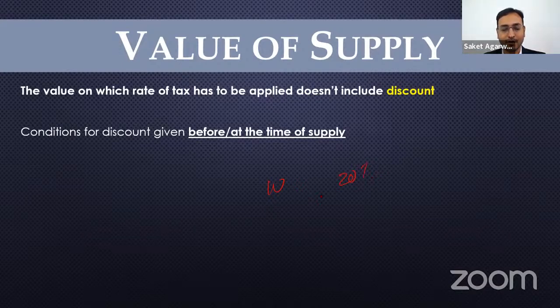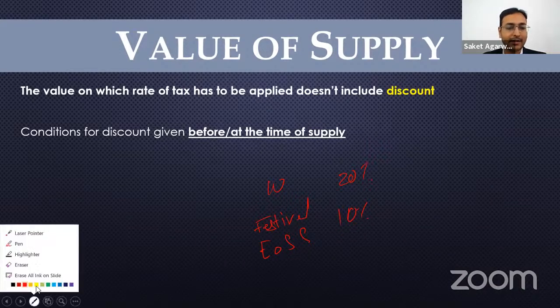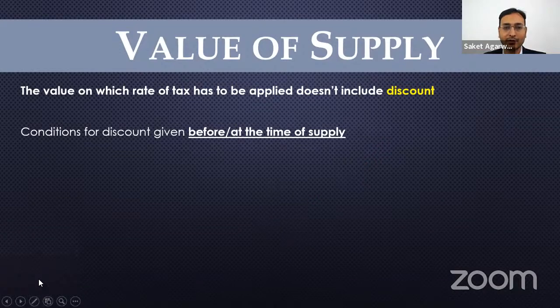Or the shopkeeper is saying, this is festival season, or end of season sale, so we are giving you 10% discount. Whatever may be the reason, the discount amount is known at the time of sale itself.